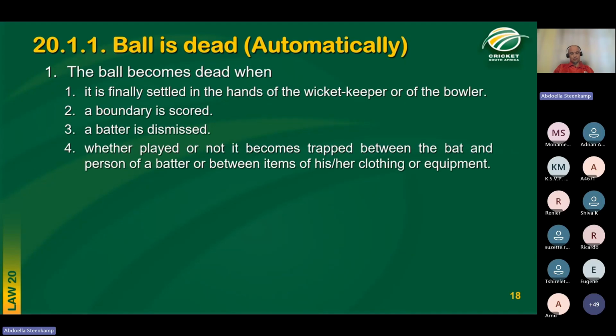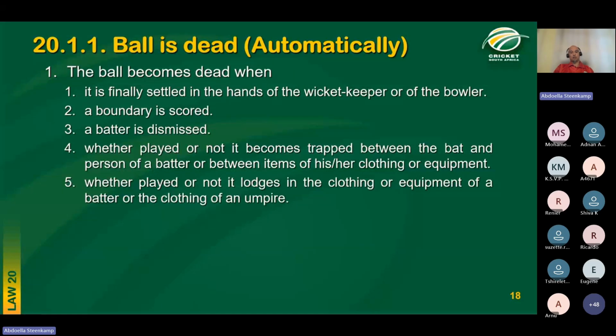Whether played or not, it becomes trapped between the bat and person of the batter, or between items of usual clothing or equipment, ball automatically dead. Whether played or not, it lodges in the clothing or equipment of a batter or the clothing of an umpire, ball automatically becomes dead. For points 4 and 5, good umpiring technique: call and signal dead ball to inform the players that the ball is now dead.